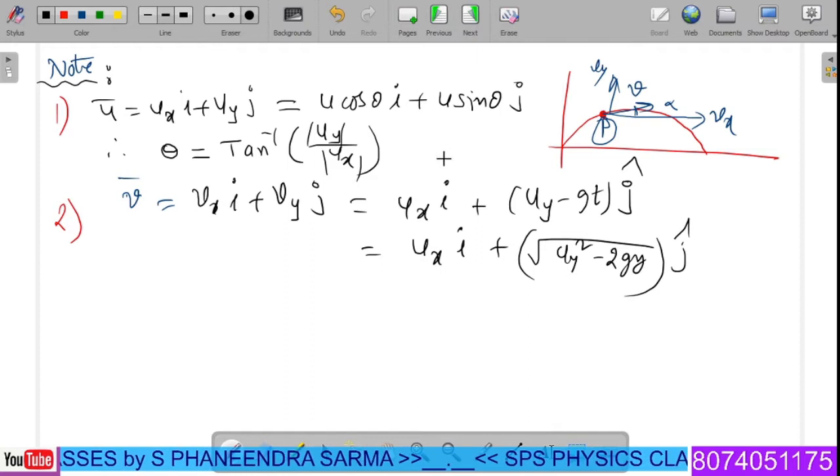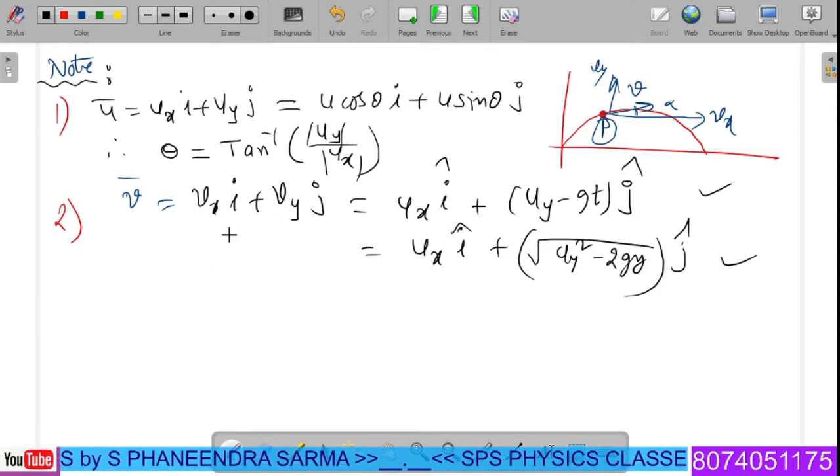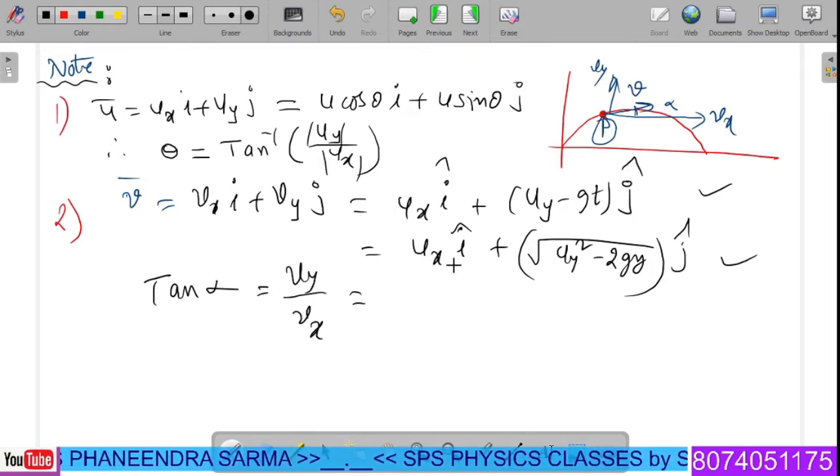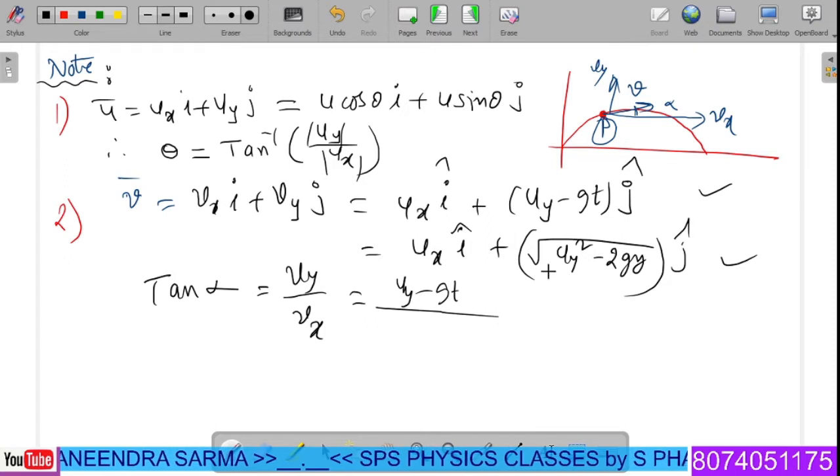That means we can use any one of the equations, either above or below. And the angle at the particular time is given by tan alpha is equal to Vy by Vx. Vy means Uy minus gt, by Ux.